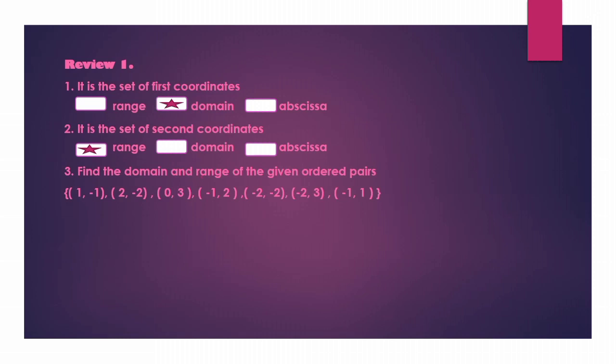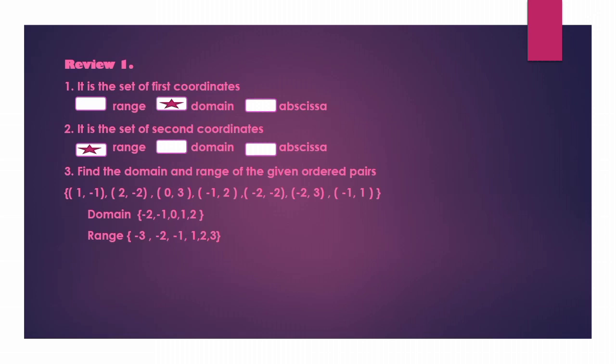Alright, so please identify the domain. Of course, the domain are the x values: -2, -1, 0, 1, and 2. So the domain are the x values 1, 2, 0, -1, -2, -2, and -1.